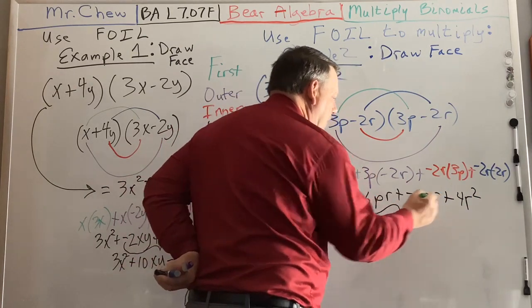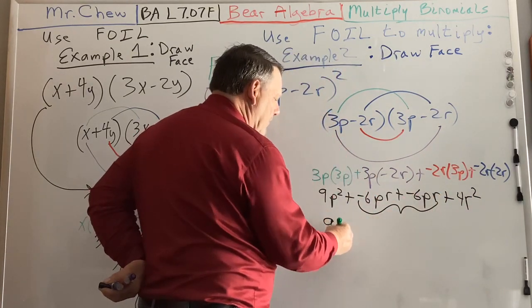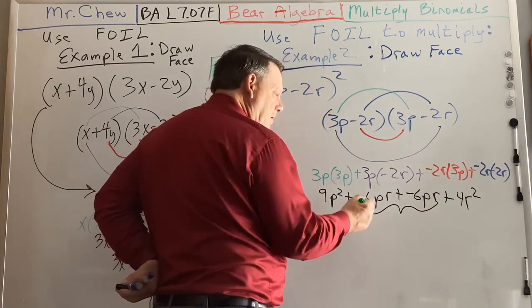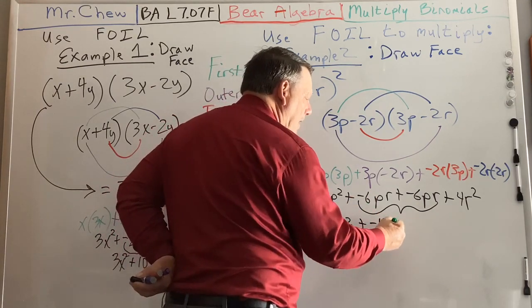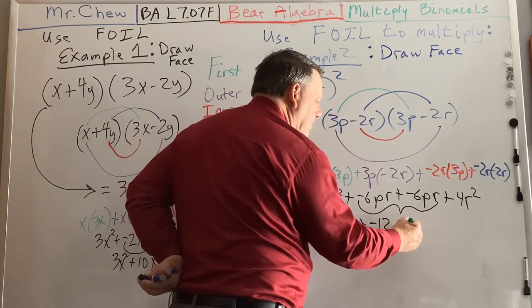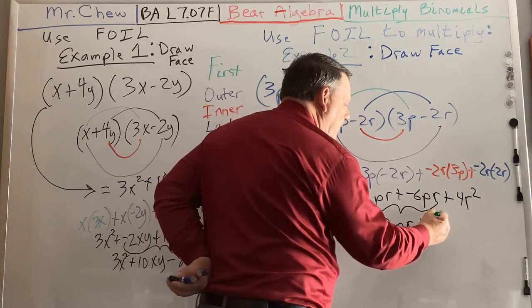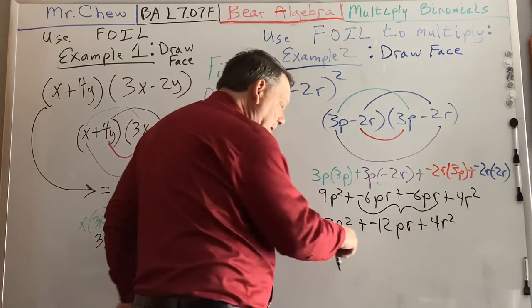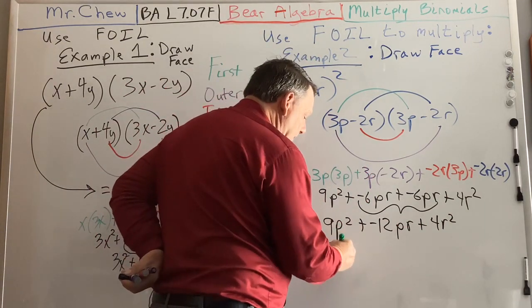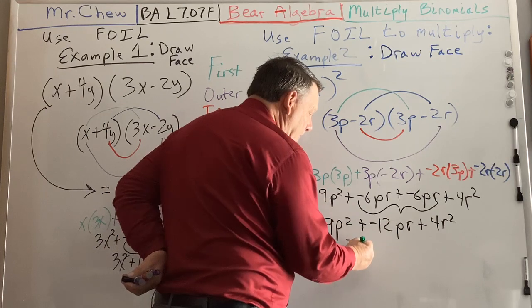These two are like terms. So 9p squared plus negative 12pr plus 4r squared. And that is usually written as minus 12pr.